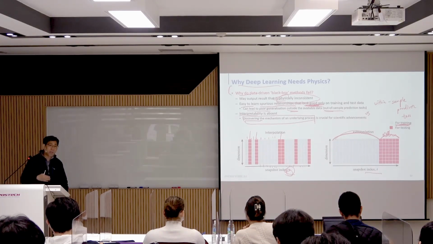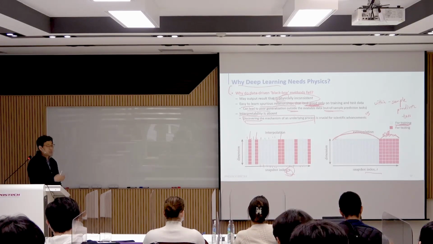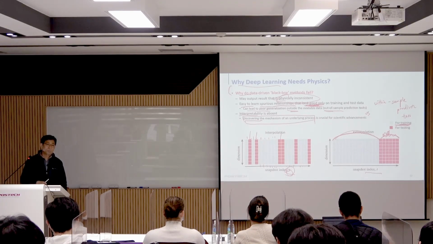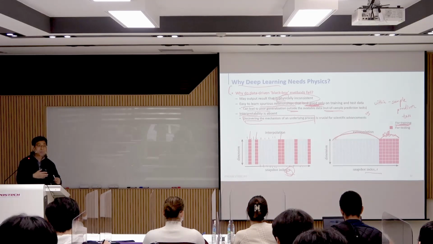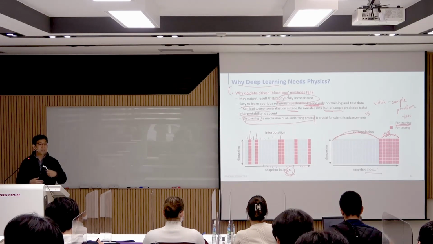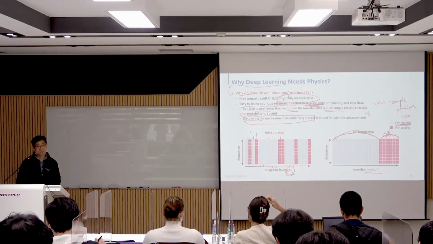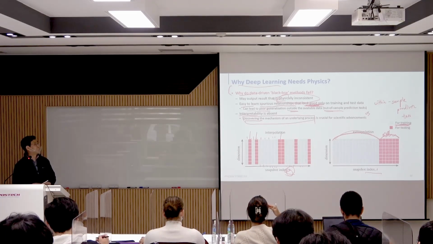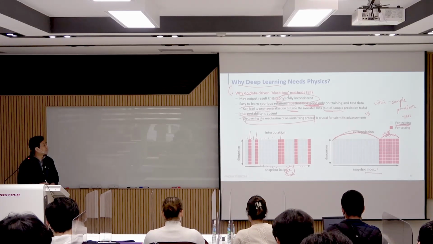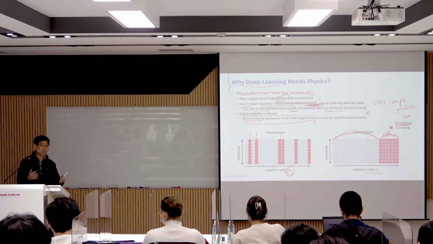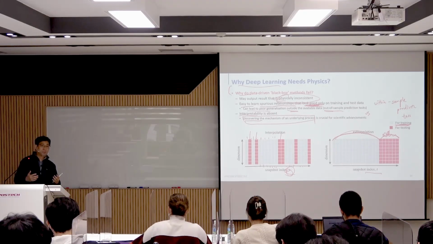But deep learning models, AI models, are not going to give you such answers. Because regression or classification performances, although good, don't give you any clue on why or how. So you have to think about whether the deep learning model is going to help you to understand or to increase the knowledge of the physics that you are interested in.